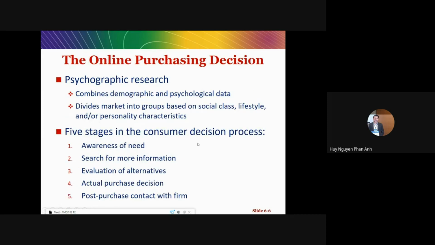And how to make the consumer make the decision? Okay, so these are the 5 stages in the consumer decision process. Based on the psychographic research, we combine it with the demographic and psychological data. So it's about the behavior, right?